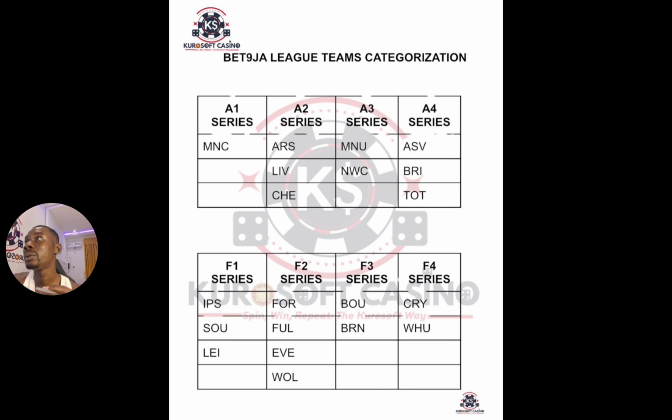So the team winning the English Premier League is always considered as the A1, which is the top team, followed by the three best performing teams. So this is how it's categorized.